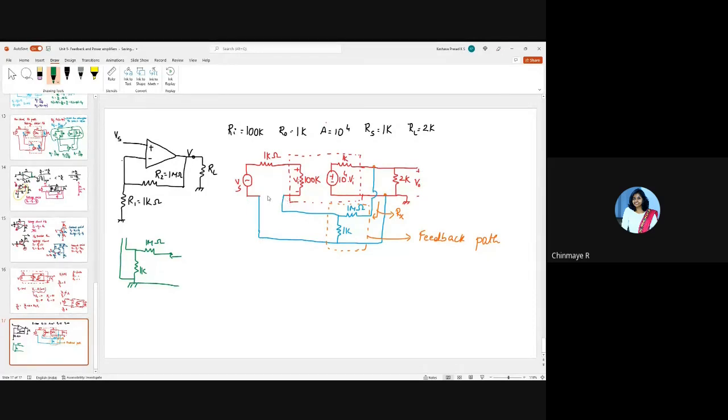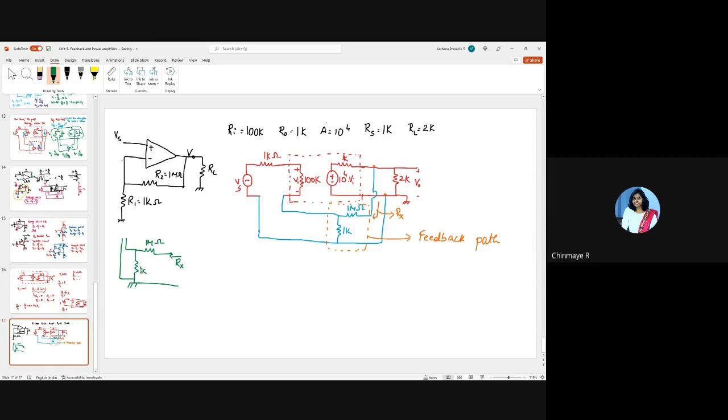Since the output of this is connected in series at the input, you're going to leave these 2 open while finding Rx, because if you short it, then this 1 kilo ohm gets shorted.